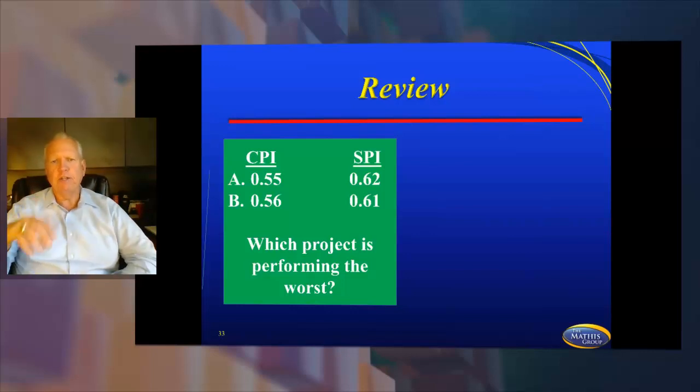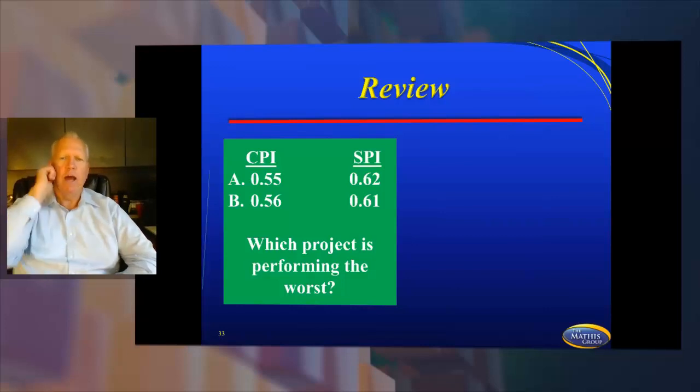Obviously, the projects are going to be so close that they're less than 0.001% different. So the one that's higher or closer to 1 is the one that's performing better. The one that's lower is going to be the one performing the worst. So you want to make sure you catch the question: which project's performing the best or which one's performing the worst?